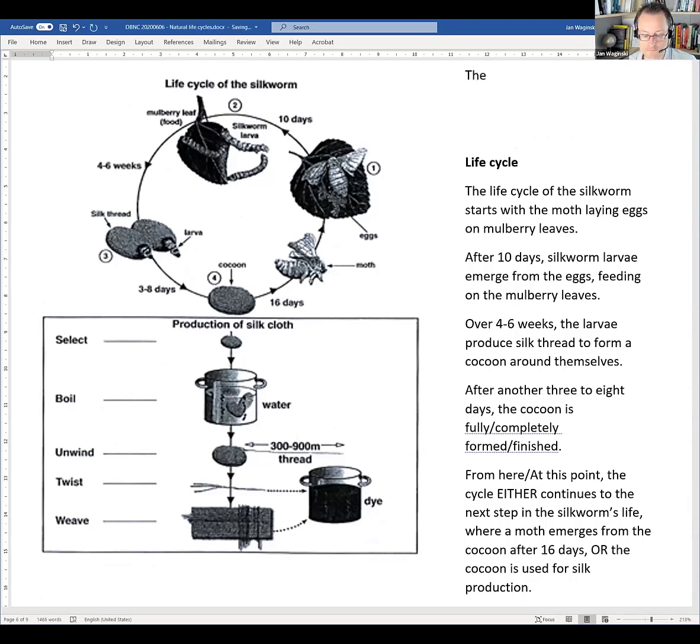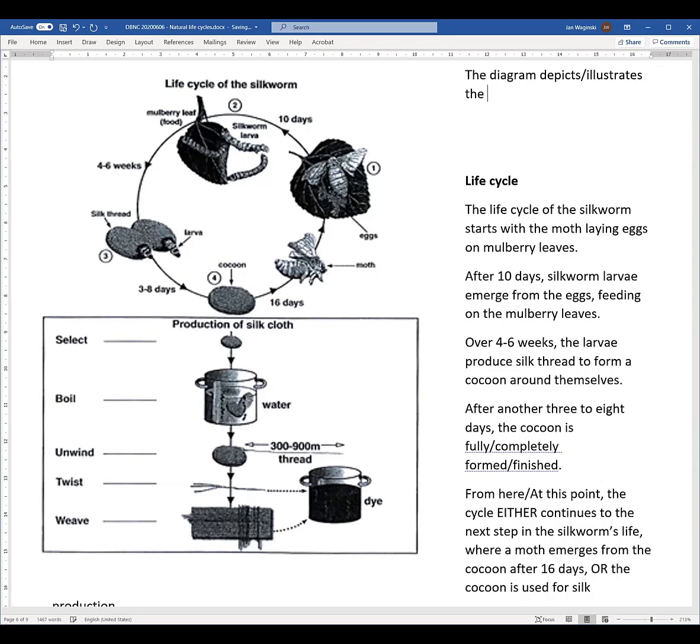The life cycle of the silkworm has 4 stages. We always start with the diagram depicts the life cycle of the silkworm. If it says the life cycle of the silkworm, we can say the silkworm's life cycle, because you want to paraphrase.